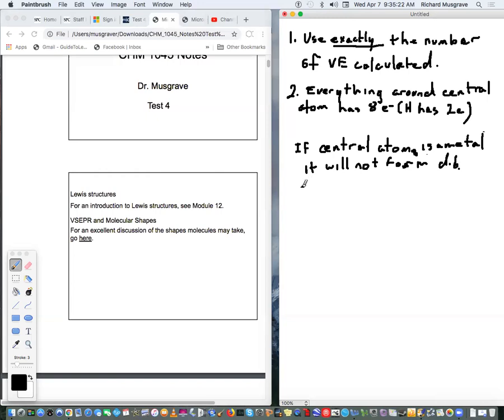And the other thing is any excess electrons always will go on the central atom, sometimes resulting in more than 8 electrons.